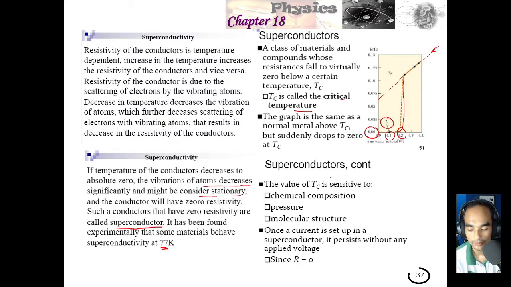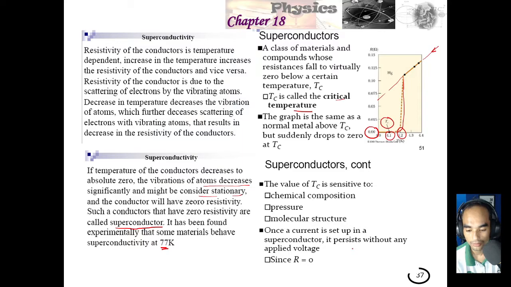So there are many applications when we have a superconductor, but remember, to cool it down you need a lot of energy. Once a current is set up in the superconductor, it persists without any applied voltage.